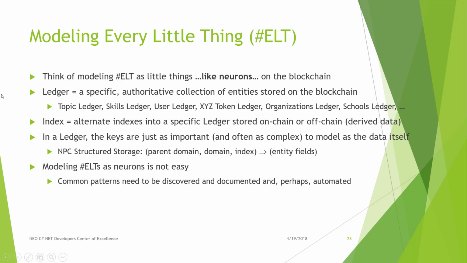I'm also formalizing this concept of a ledger, which is a specific authoritative collection of entities, stored on the blockchain. And so with NPC, you can have within a single smart contract multiple ledgers. And you can be working with multiple ledgers within a single invocation as long as you stay within the 10 gas.